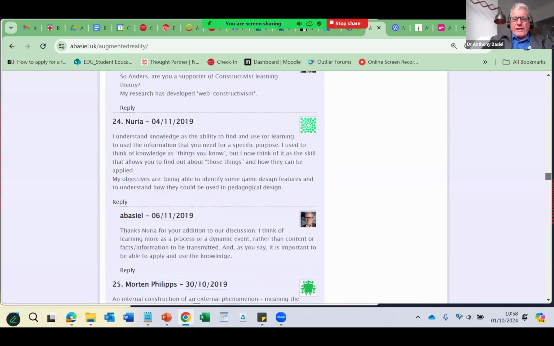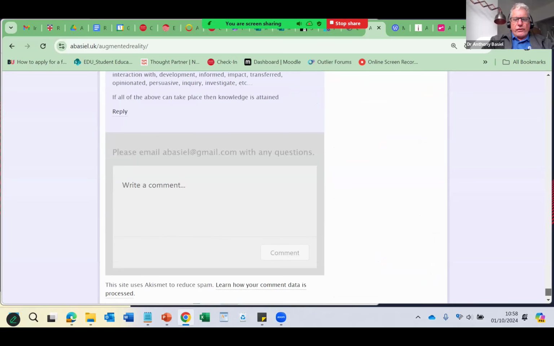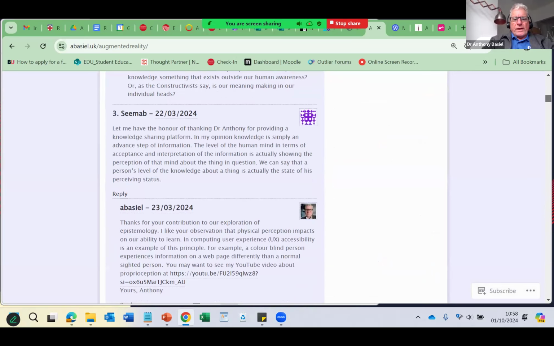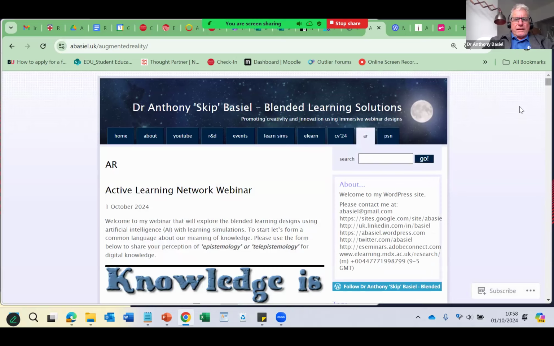Down at the bottom is where you can enter your comments and post that, and then we can all take a look and get a kind of shared vocabulary, a common language, to understand the perspectives of the different stakeholders that we're all in this event together with.